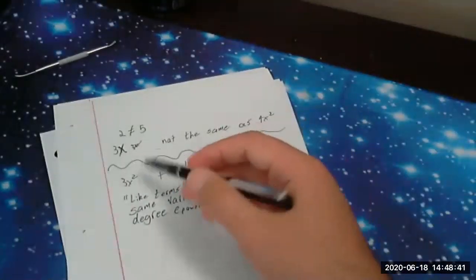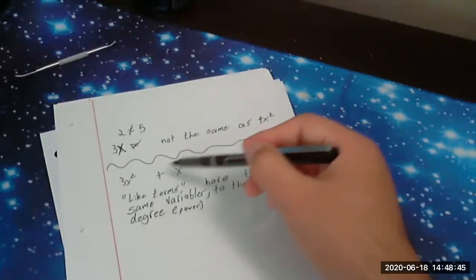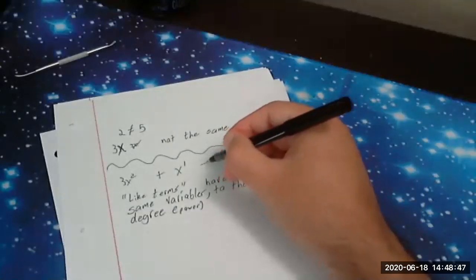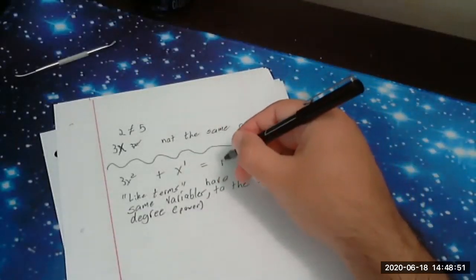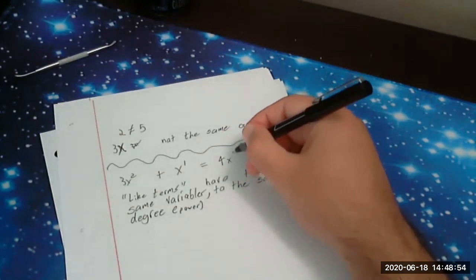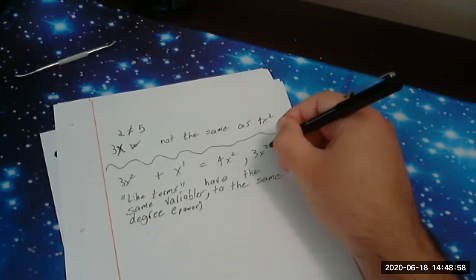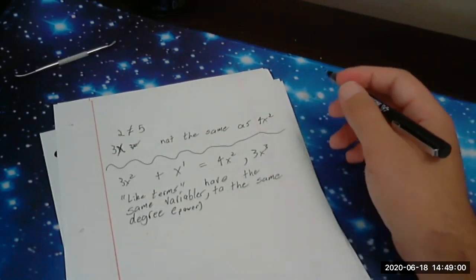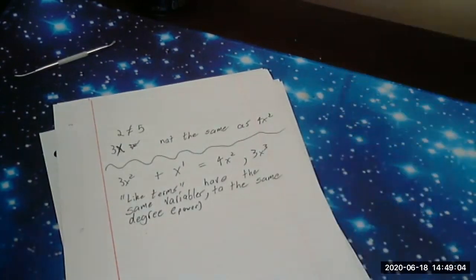So a lot of people get in this weird situation where they see something like this and they say, oh, that must equal, you see all sorts of things, 4x squared, or you might see 3x to the third. It just kind of depends on who's the one answering the question. They will give me something that's a little bit different.